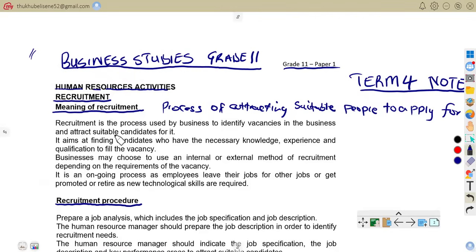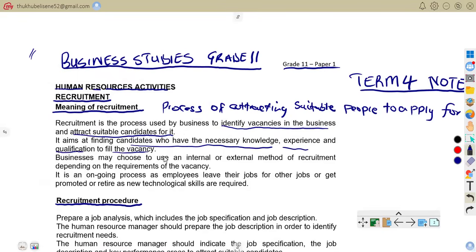Recruitment is the process used by a business to identify vacancies in the business and then attract suitable candidates for them. It aims at finding candidates who have the necessary knowledge, experience and qualification to fill the vacancy.